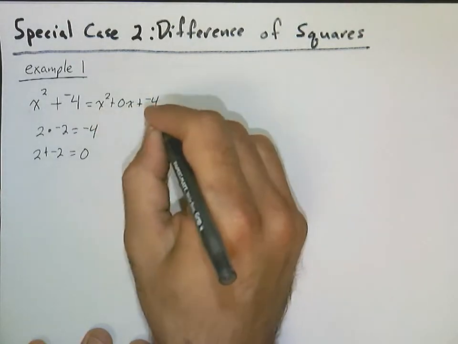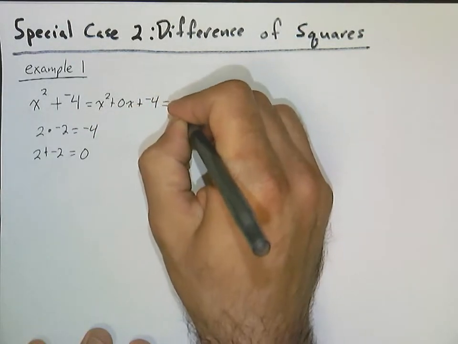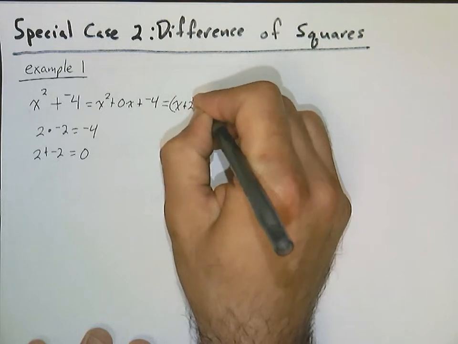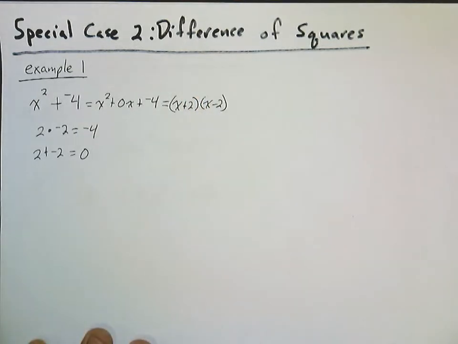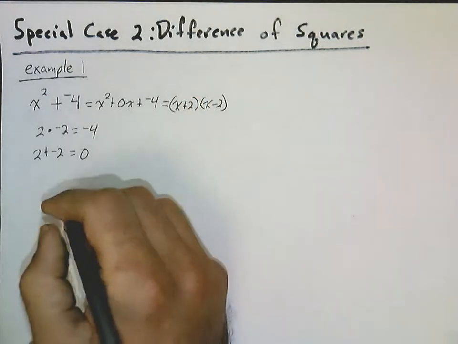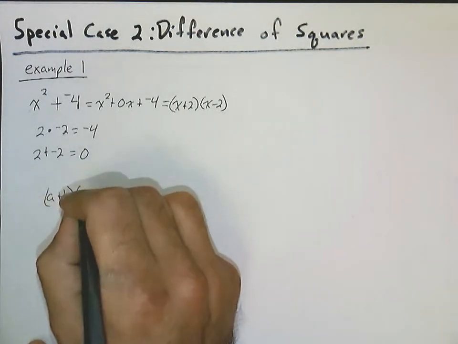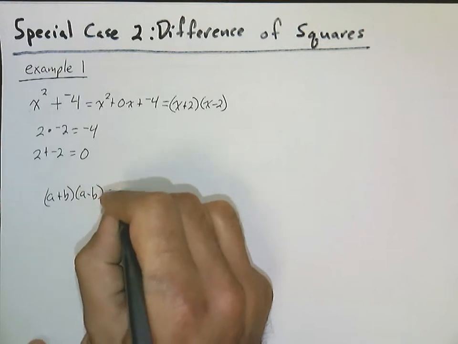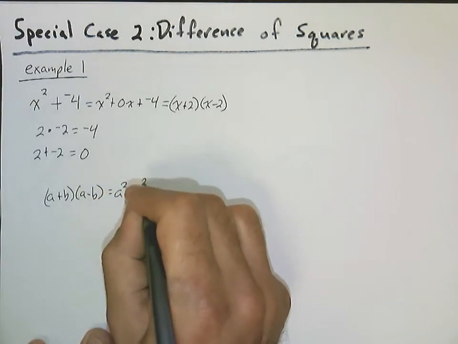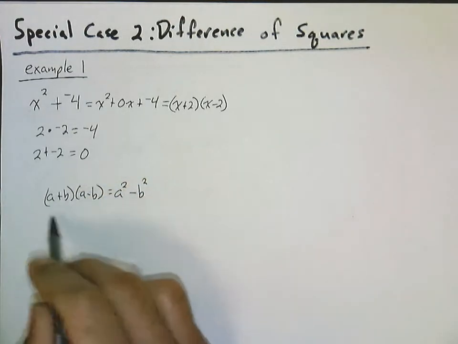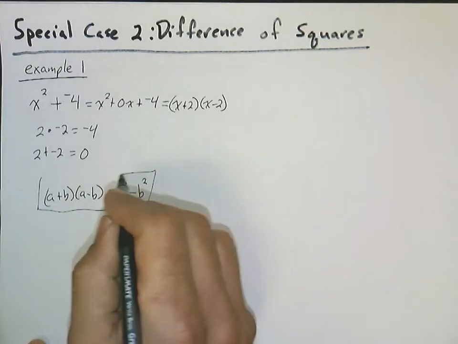So we know that this whole thing factors as x plus 2 times x minus 2. Okay. The big idea here is that a plus b times a minus b is equal to a squared minus b squared. And you can multiply this out to verify that for yourself.